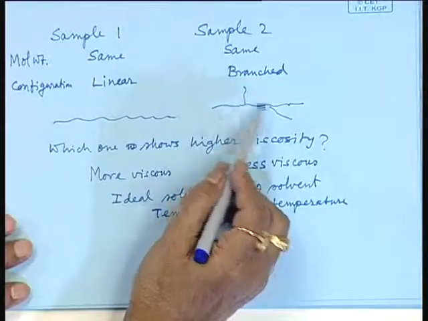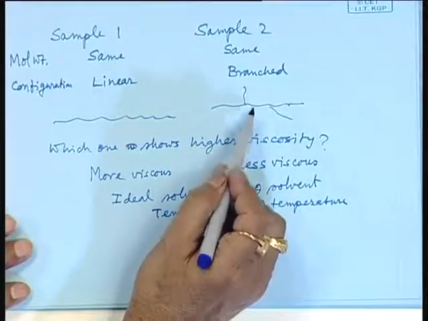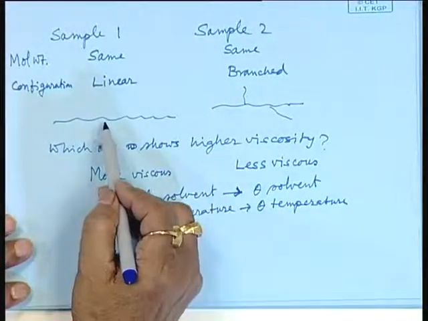Now, think of the volume you require while sitting in an attention position. If you stretch your hands and legs, or if you stand, the space requirement will be more. That is the radius of gyration. In case of branched, it can remain squeezed. So, the radius of gyration of this system is less, and this will be less viscous than the linear configuration.